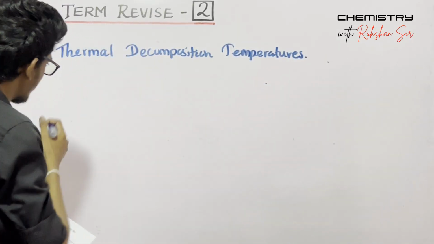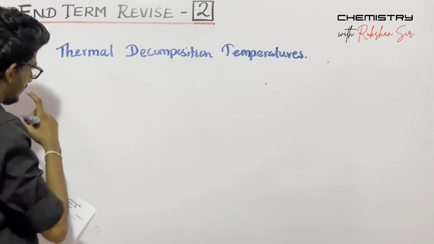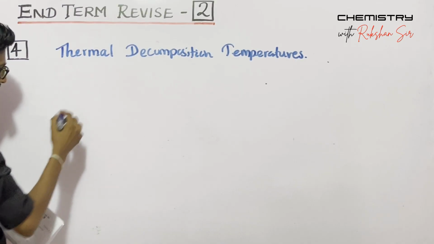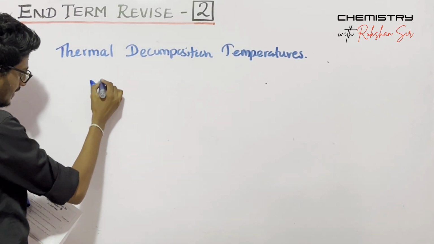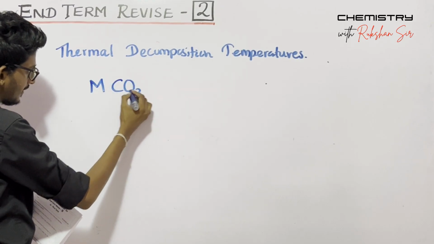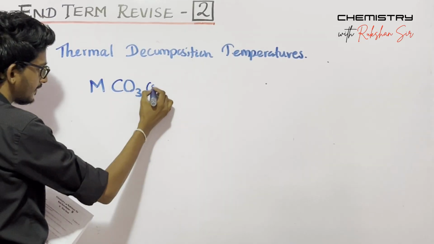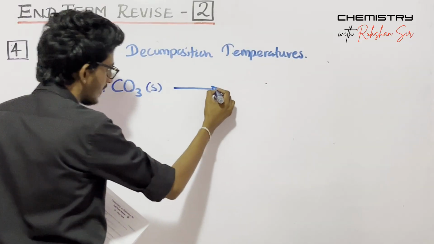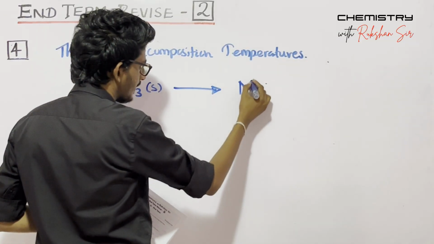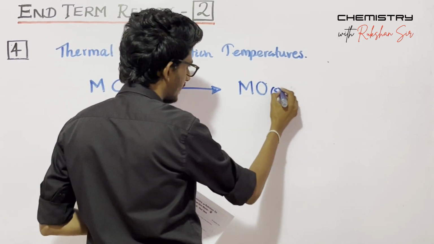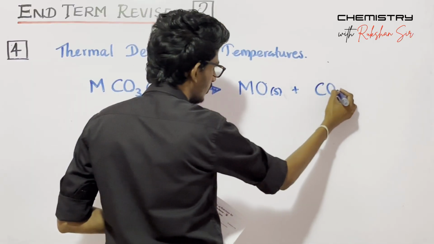What is the theoretical background there? Basically, what happens in thermal decomposition? If you take the thermal decomposition of a metal carbonate, it will ultimately produce the solid metal oxide plus CO2 gas.